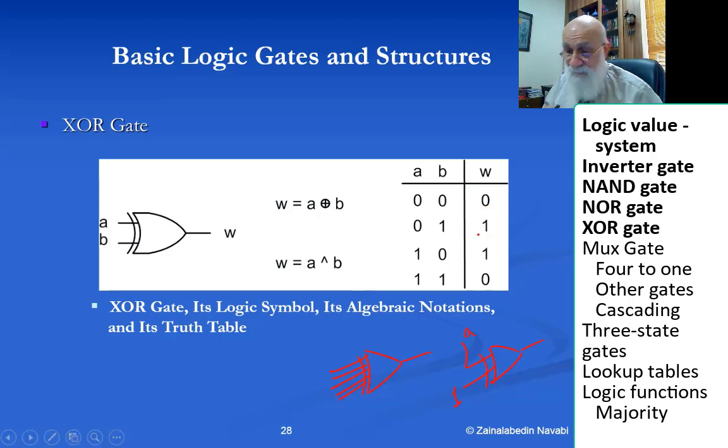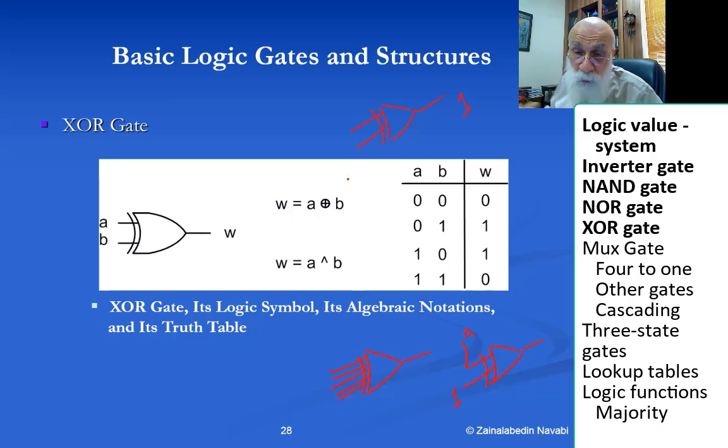That means they are different. 1, 0 you get a 1 and 1, 1 you get a 0. And something else I need to say about an XOR: the output is 1 if the two inputs are different, a 0, a 1, a 1, a 0. Or if the two inputs are equal, the output becomes a 0.